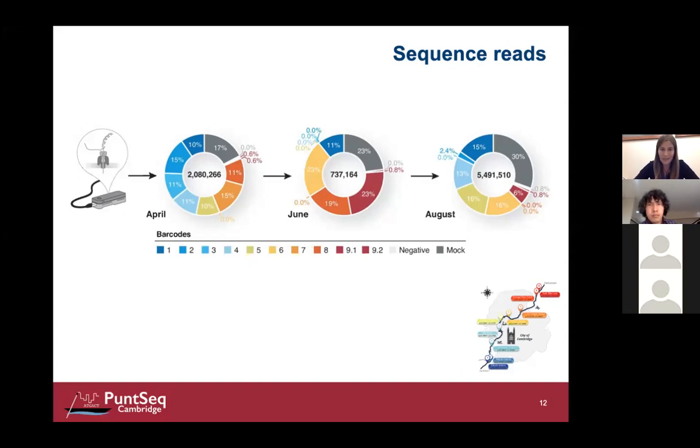You also see that a few of the samples get really, really few reads, which is a big problem, because if we only have a few reads per sample, we can't actually compare that sample with another sample that has a lot more reads. The chance of detecting especially rare bacteria is a lot higher in the sample with more reads, so we can't directly compare them. That was actually our biggest problem, this difference of read numbers.